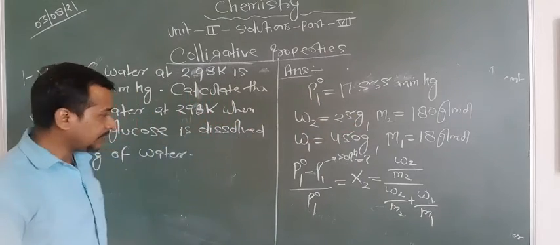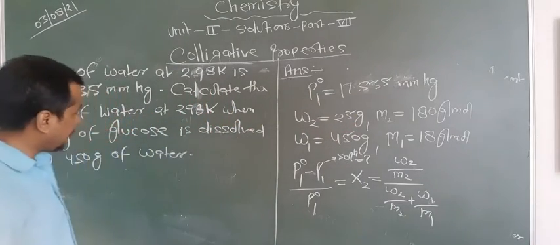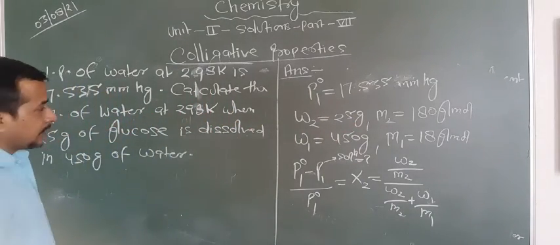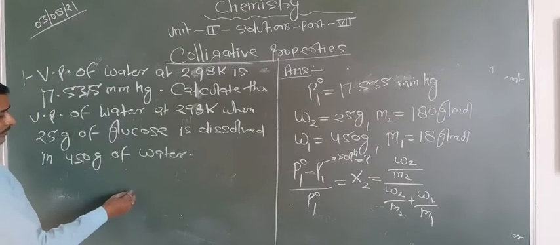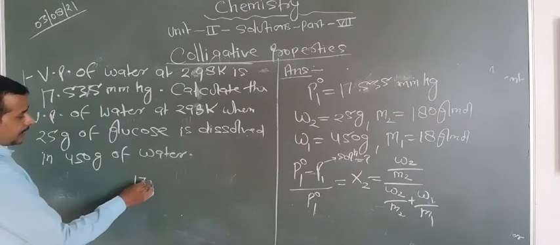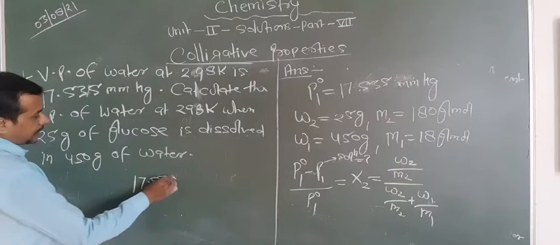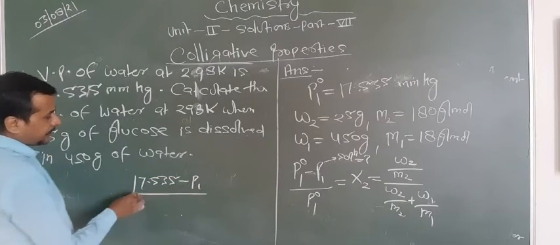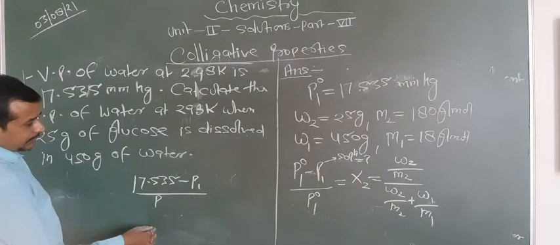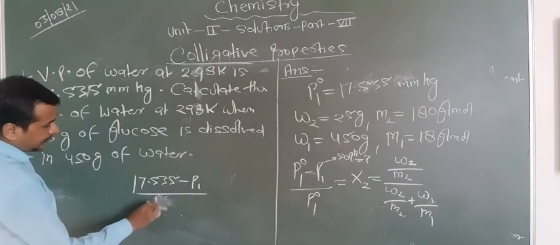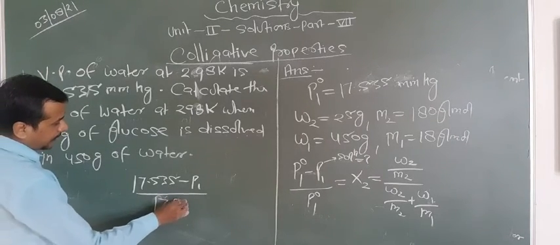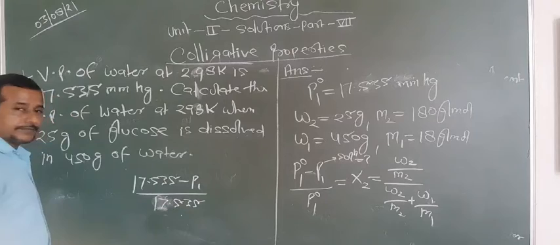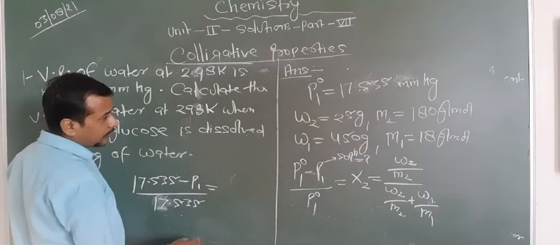Now putting in the values, we can find what? The vapor pressure of the solvent. So P01 is given, 17.535 minus P1, divided by P01, again given, 17.535.